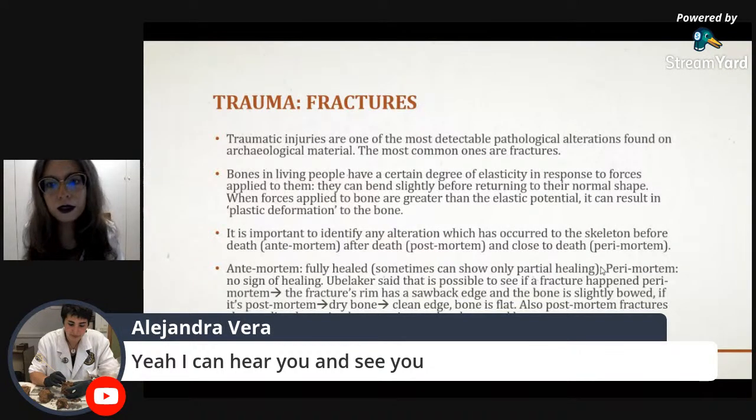Also, postmortem fractures or injuries of any kind show a discoloration between the internal and the external bone.